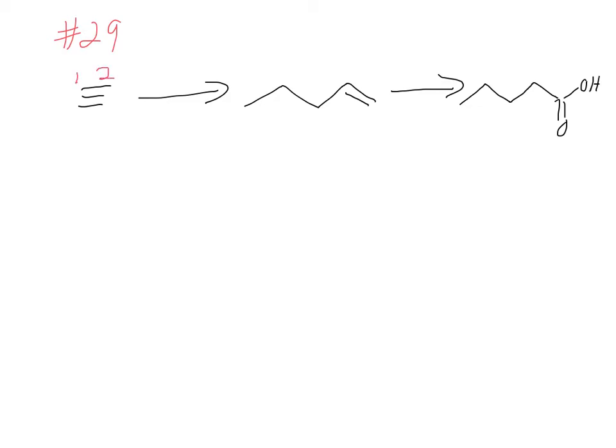Where do you think 1 and 2 are in this other product? Which end are they going to be on, over on this end or over on this end? By the pi bond or not by the pi bond? By the pi bond, I would guess, right? Functional groups, they stay there. And where do you think the functional groups will be in the final thing we're trying to get to? Which carbon's going to be number 2?